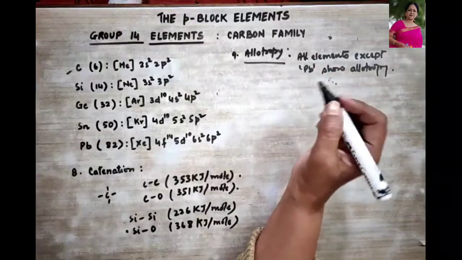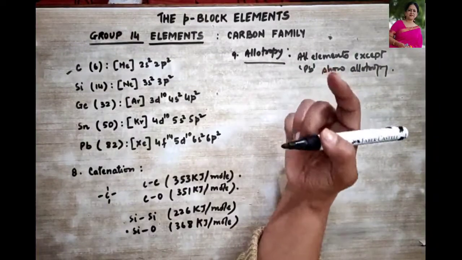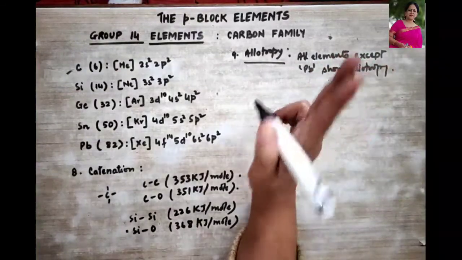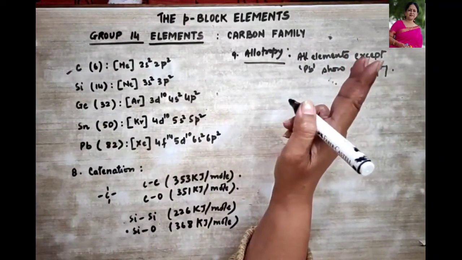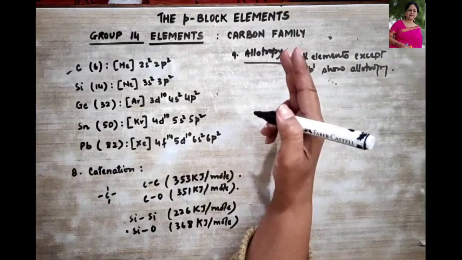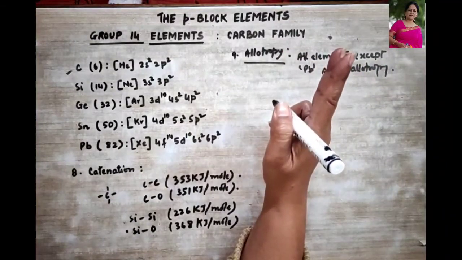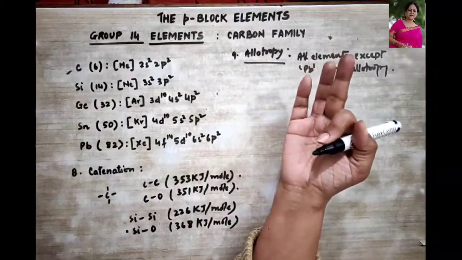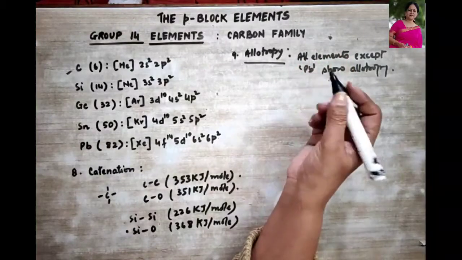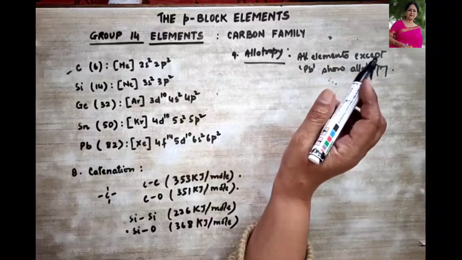So these are the different forms of carbon. Then germanium also exists in two allotropic forms, right? Whereas tin is found in three allotropic forms: the white tin, the grey tin, and the rhombic tin, right? So this was about allotropy.